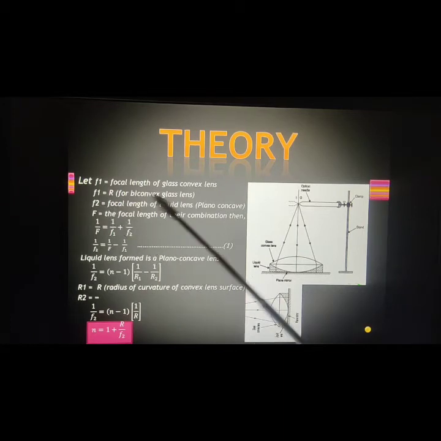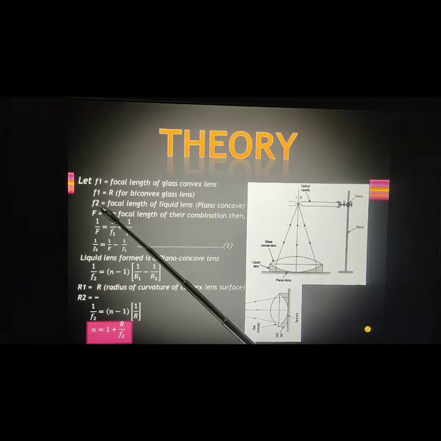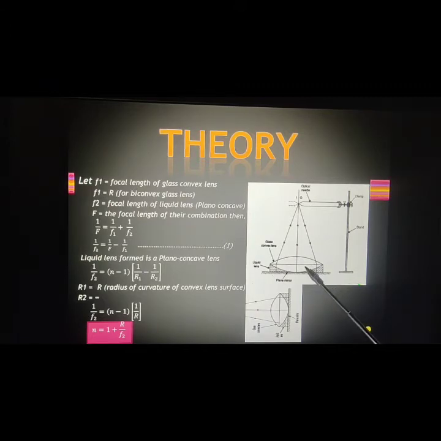To find f2, we find capital F. f2 is obtained by calculation. So we find experimentally the capital F. Capital F is nothing but the combined focal length of the convex glass lens and the plano-concave water lens.